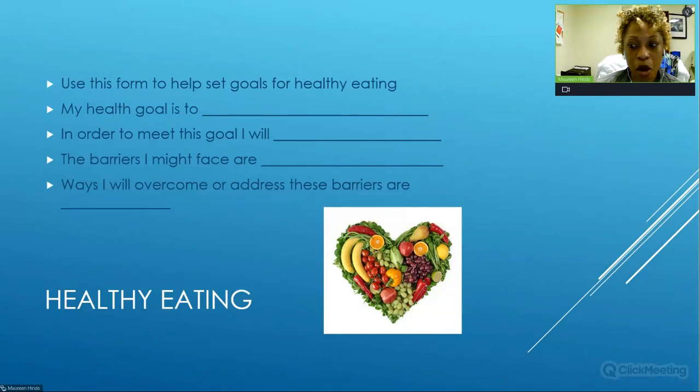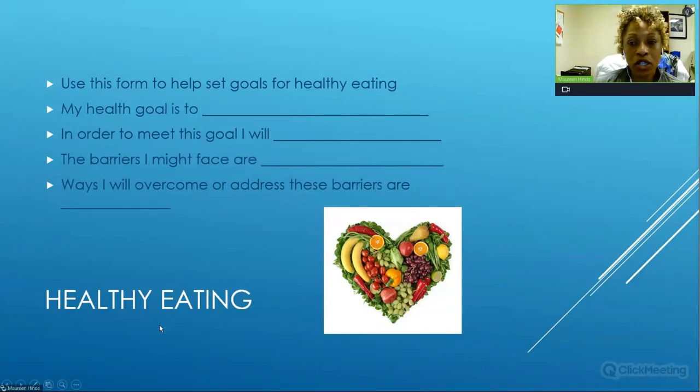When you're making your goal, I want you to also consider what will be necessary in order to meet this goal. For instance, if I plan to exercise 3 times a week, I may want to make sure that I have the right running shoes, right?